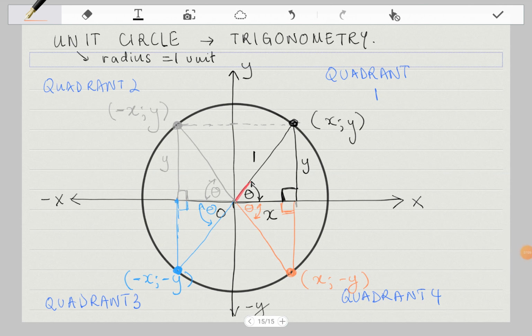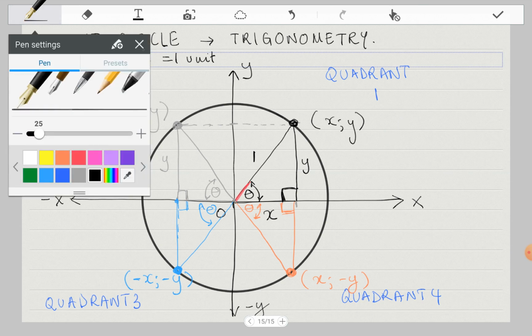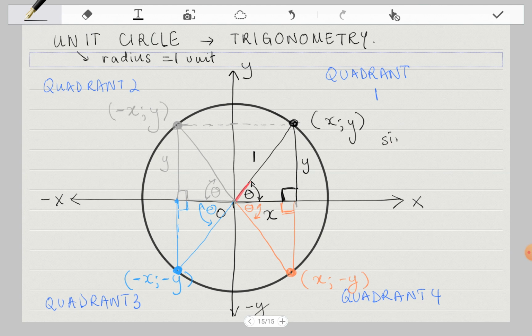Extending this to the trigonometric ratios, we can find some interesting things. If we look at sine, we know sine of theta is opposite over hypotenuse. In this triangle, the opposite side would be y and the hypotenuse would be 1. So sine theta is just y.